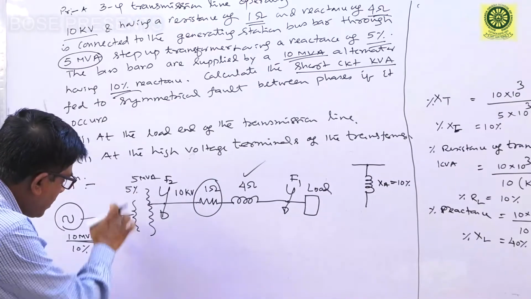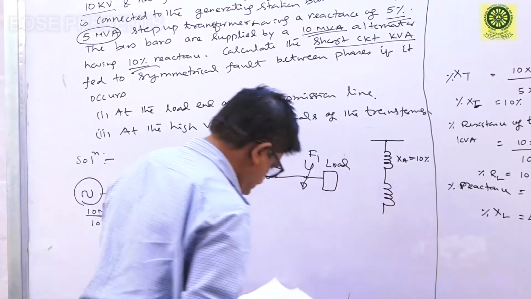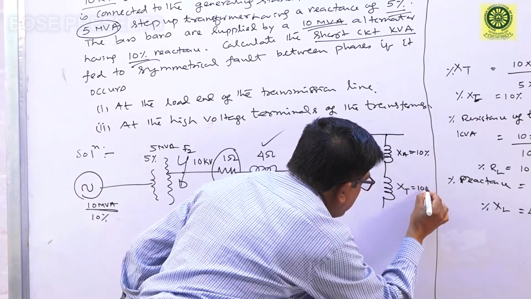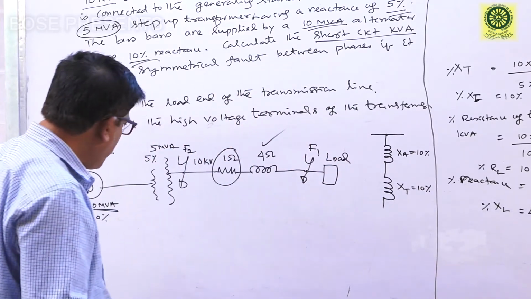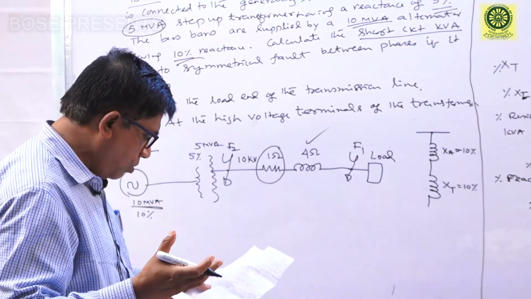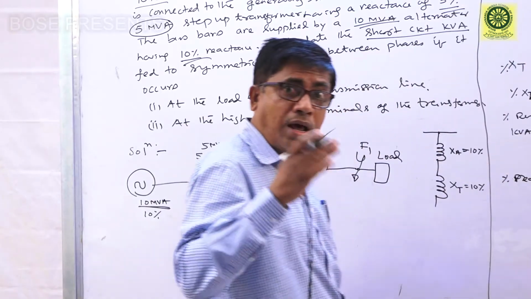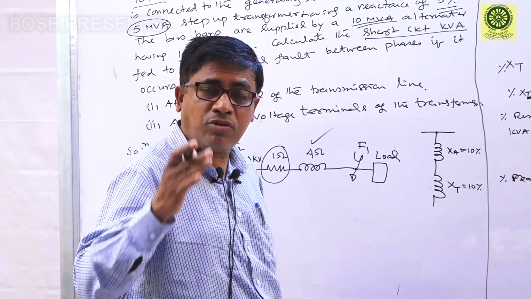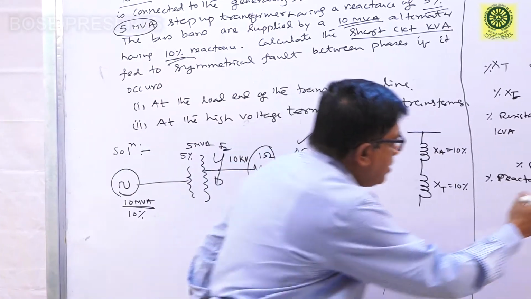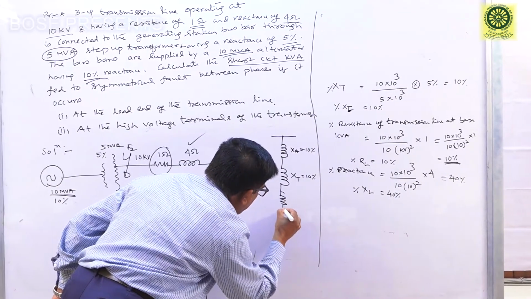Then the transformer is coming, which is 10%. Then the resistance of the transmission line is coming, which is also 10%. All are at base kVA. Don't be confused. I am converting everything into the base kVA.